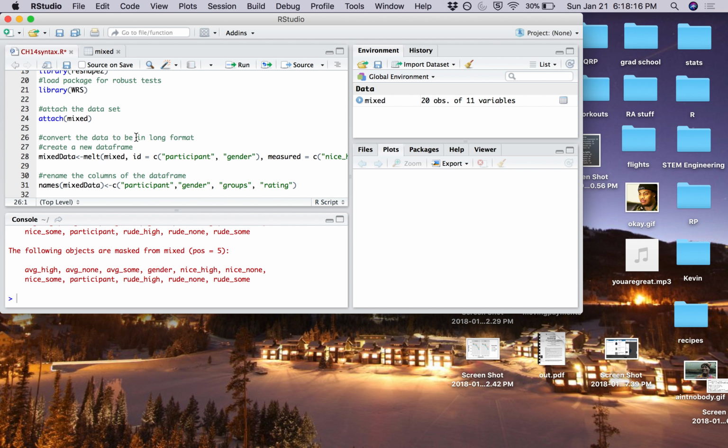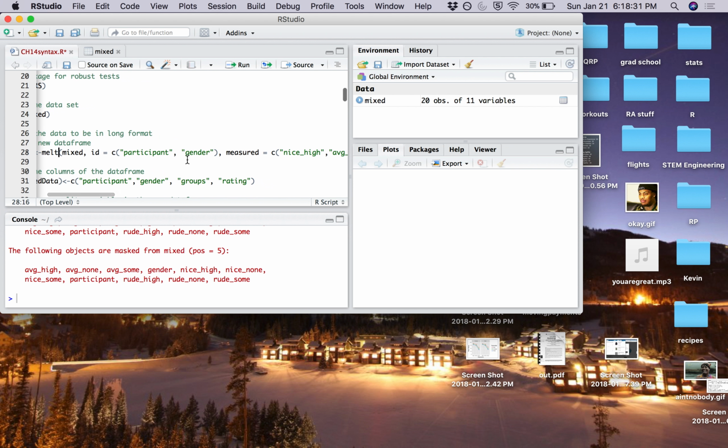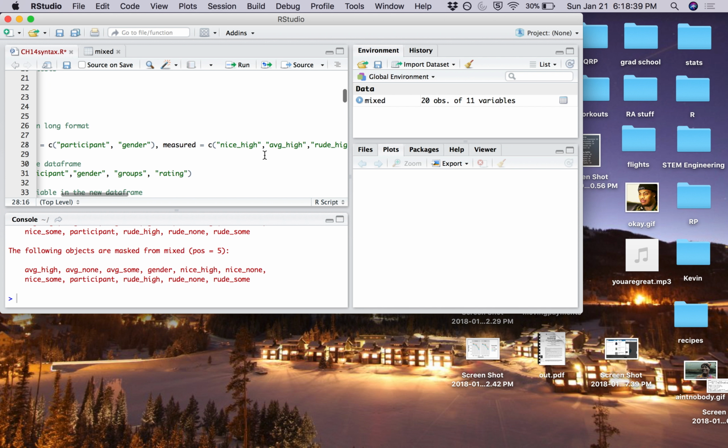And so we need to put the data into the long format, so we create a new data frame, and the data frame contains 4 columns. The first identifies the participant, the second identifies their gender, and the third identifies the name of the column that we're pulling the data from.